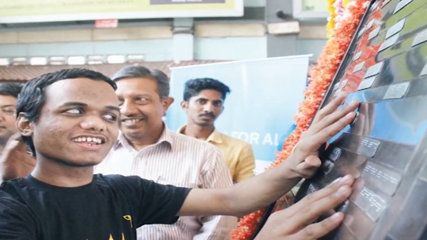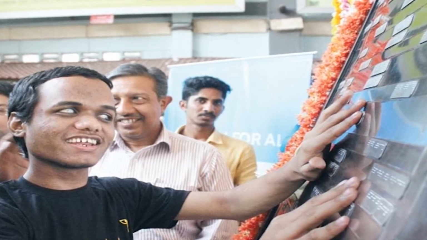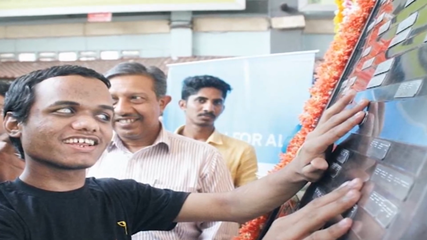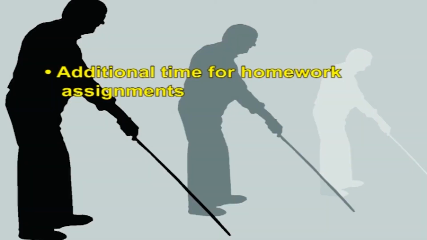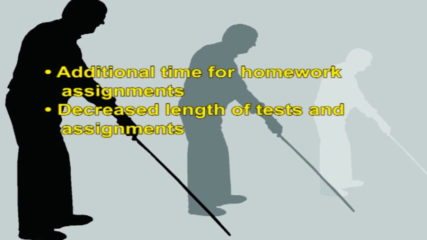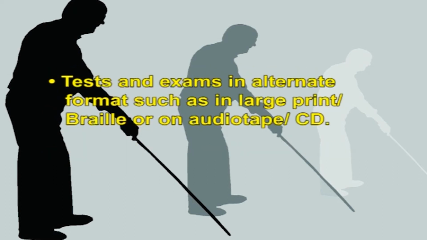A student with low vision is often fatigued by the end of the school day and work quality may be reduced. Such students may require additional time for homework assignments, decreased length of tests and assignments, extended time frames for test taking, tests and exams in alternative format such as in large print, braille or an audio tape or CD.